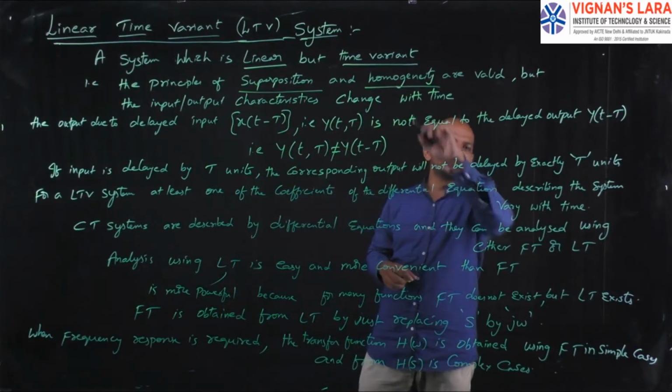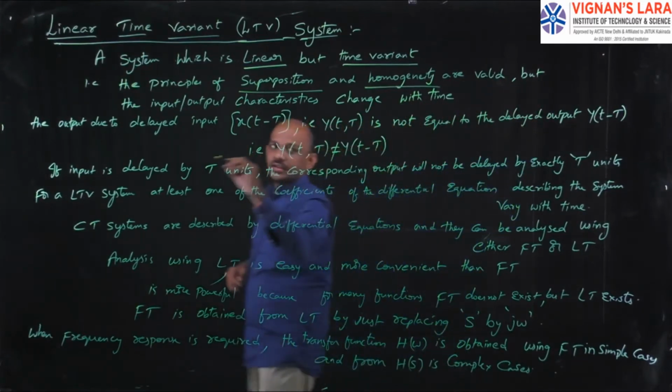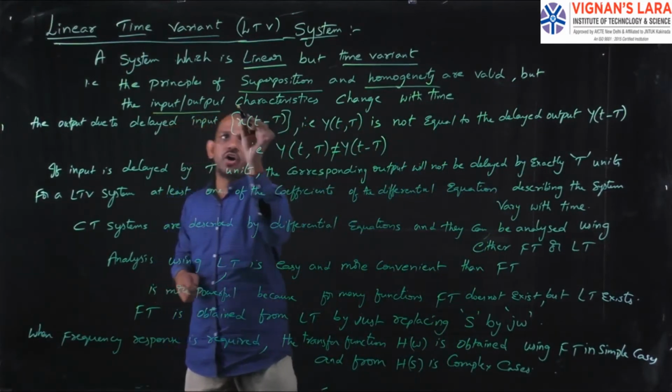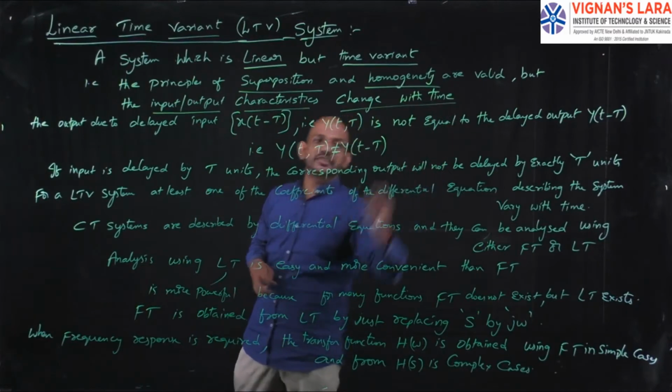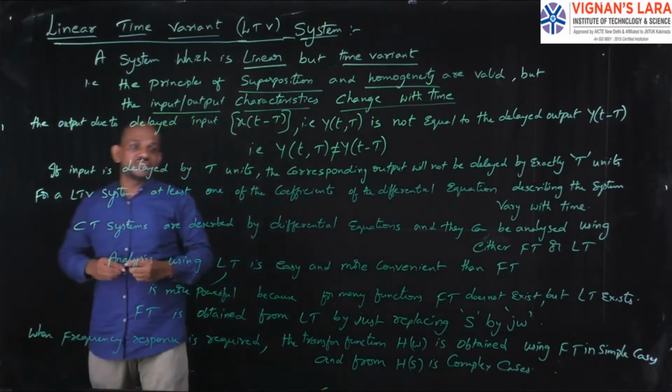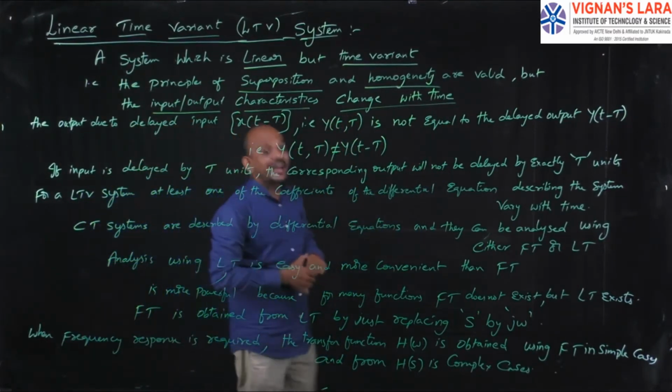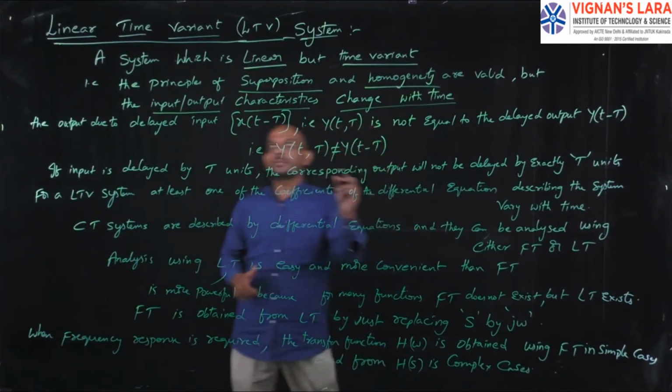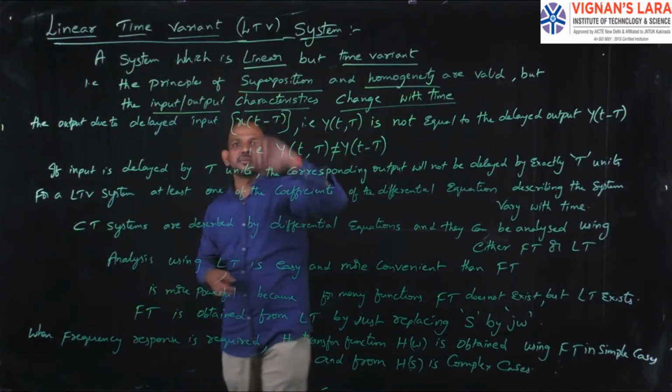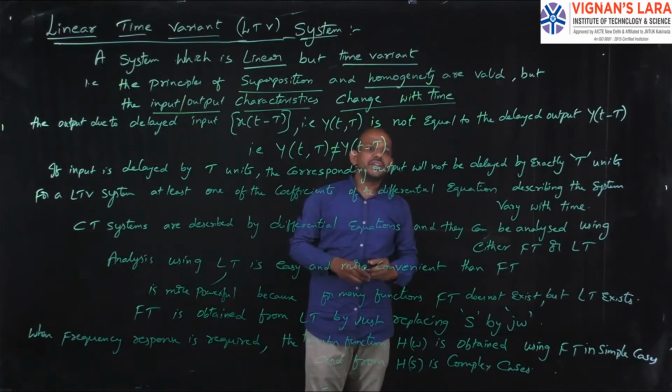But the input output characteristics change with time. Then I can say that the system is a linear time variant system, or simply LTV system.